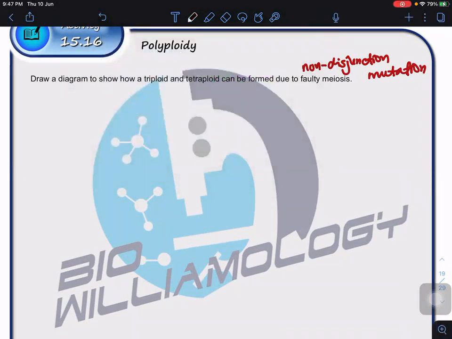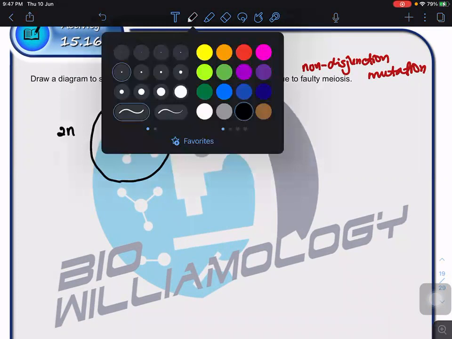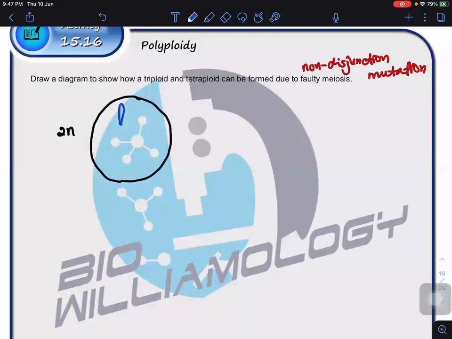So you can draw it as this first: 2n, with 2 blue and 2 red.